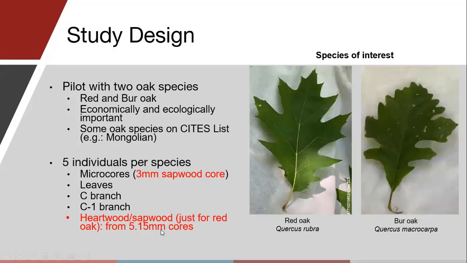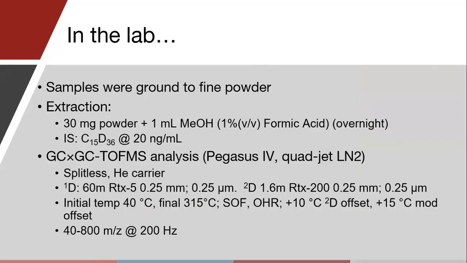Now, this is all well and good, so what does this look like in the lab? Well, in the lab, wood samples were ground to a fine powder prior to extraction in acidified methanol overnight, followed by GC-TOFMS analysis on a LECO Pegasus 4D using liquid nitrogen with all of these parameters you see. So now that's in the lab.